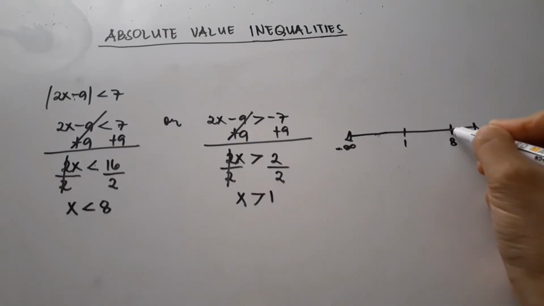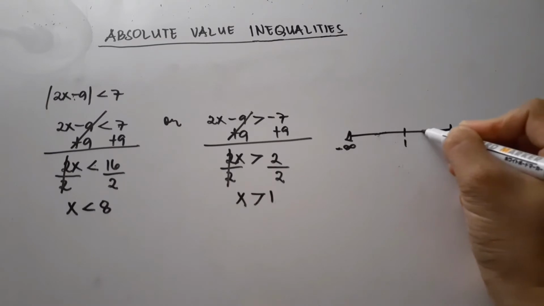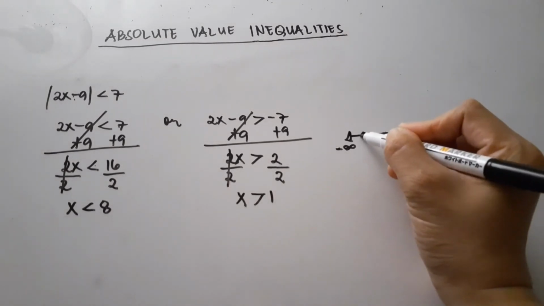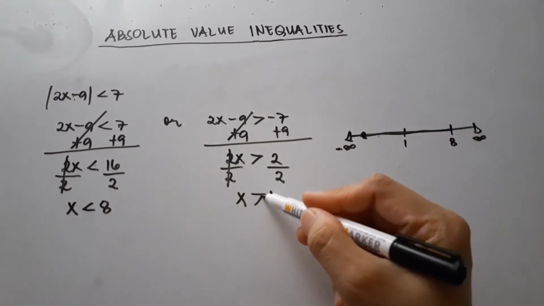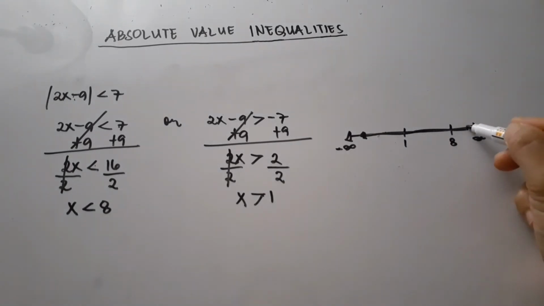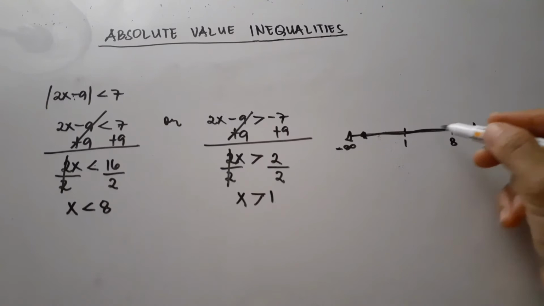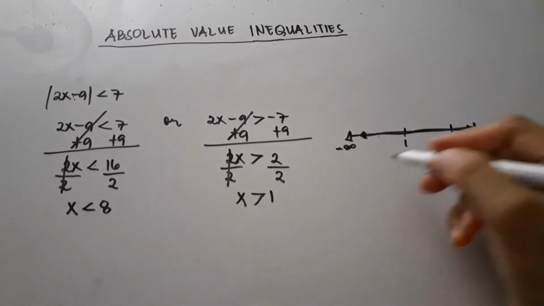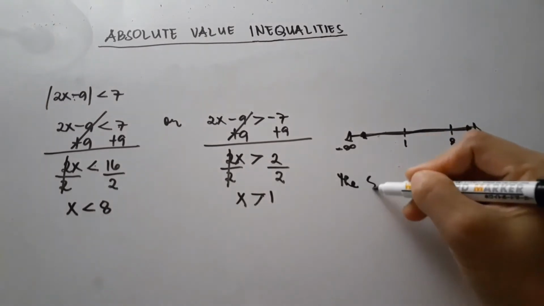So we have 8 going toward negative infinity, and it meets x equal to 1 going to the right. So the solution set is in between 1 and 8.